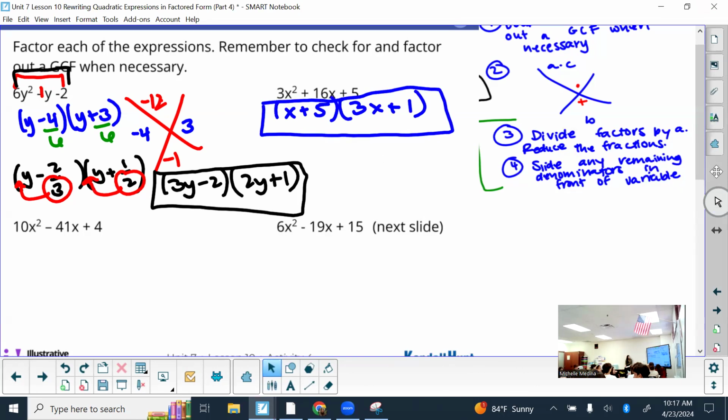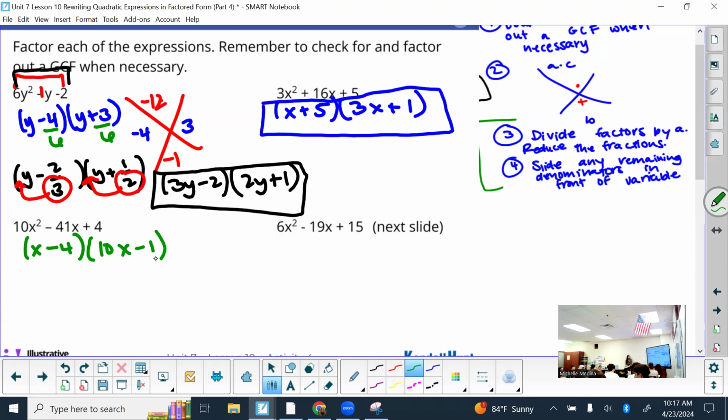For this one, the 10x squared minus 41x plus 4, that final answer would have been x minus 4 and 10x minus 1. Over here, this one, 6x squared minus 19x plus 15, if you did that right, you would have had 2x minus 3 and 3x minus 5.